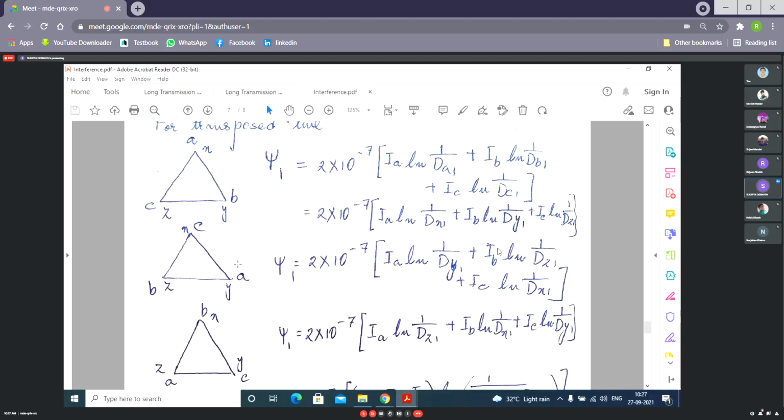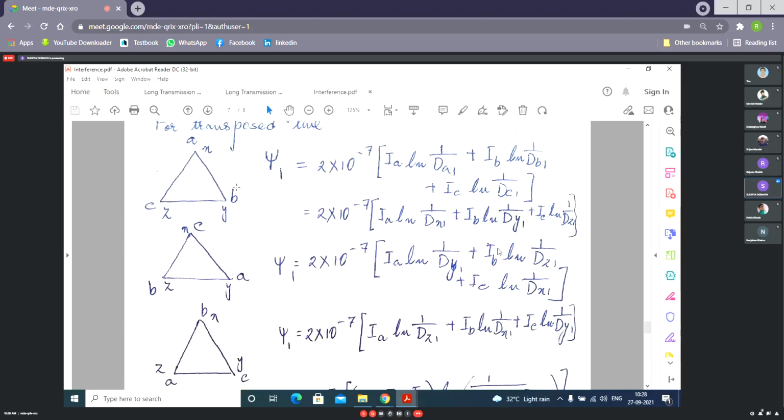For the next position, this will change, because A1, in the first case, will be X1. In the second case, it will be Y1. In the third case, it will be Z1. These are the distances of the first communication conductor P from conductor A, and this is the distance of the first communication conductor from B, and like that.